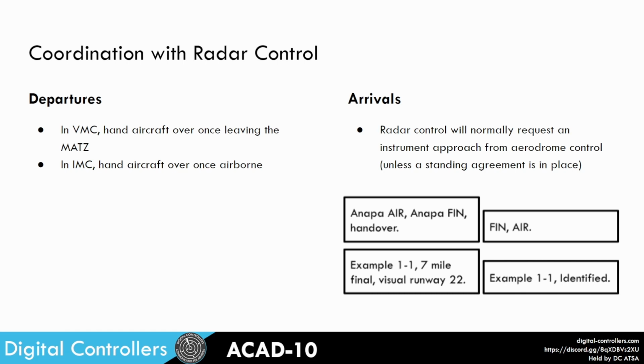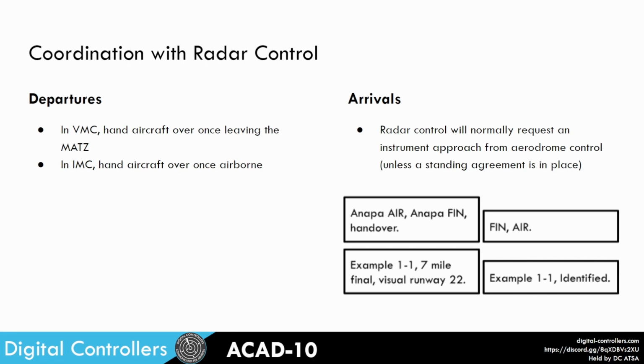Then arrivals. A radar controller will, if there are no standing agreements in place, request an approach from the aerodrome controller, in this case tower control. So the coordination can look something like this: an APA, or even a handover of an aircraft, which again with LOT ATC is not necessarily applicable, but if you are doing more visually, you might want to just confirm these.